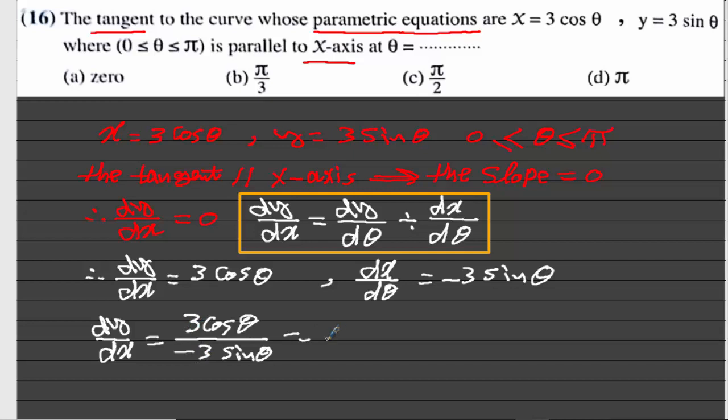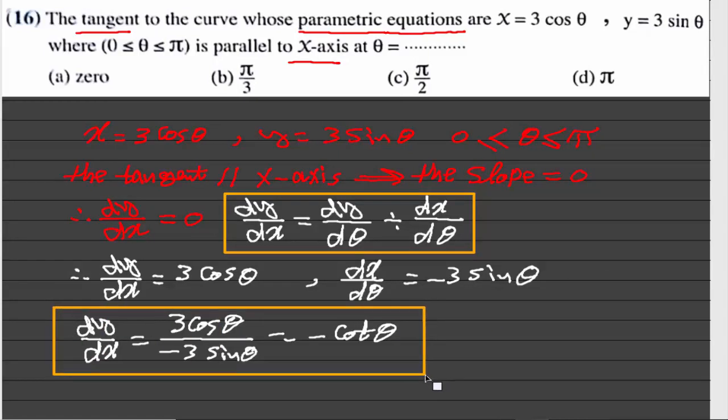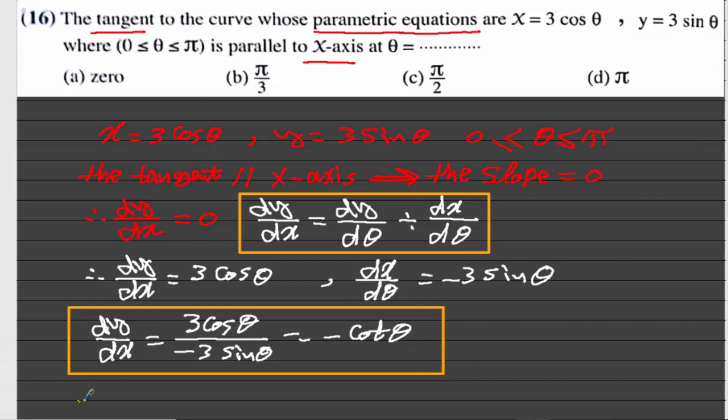3 divided by negative 3 is negative 1. Cosine theta over sine theta equals cotan theta. So dy/dx equals negative cotan theta. So negative cotan theta equals 0.